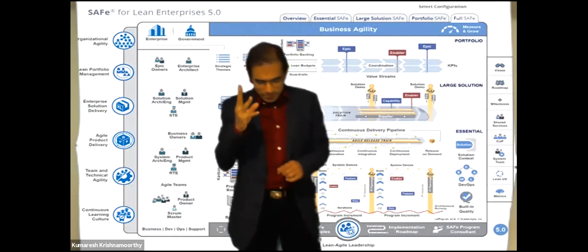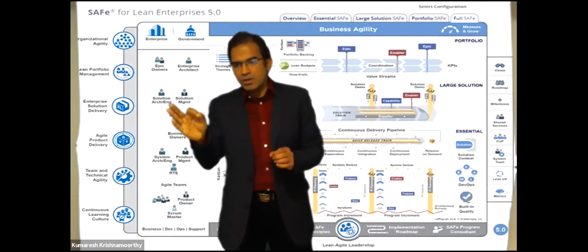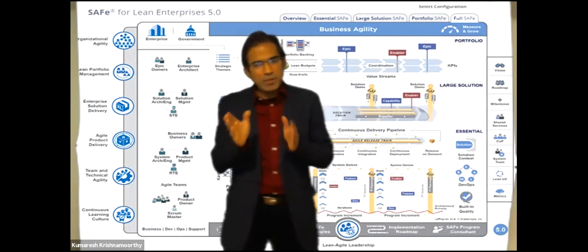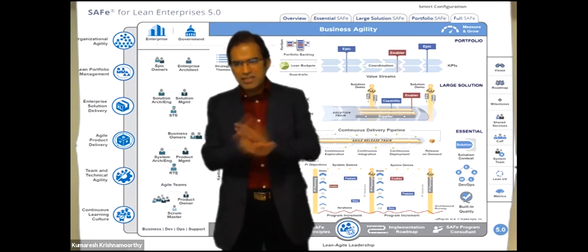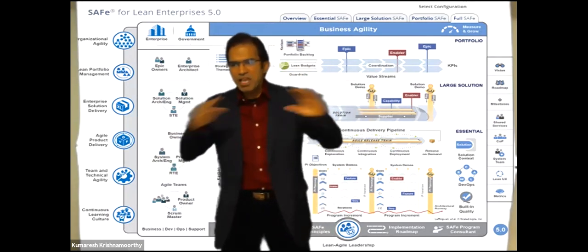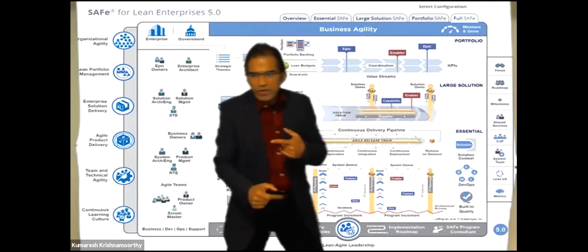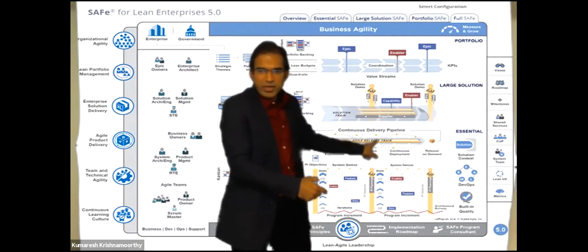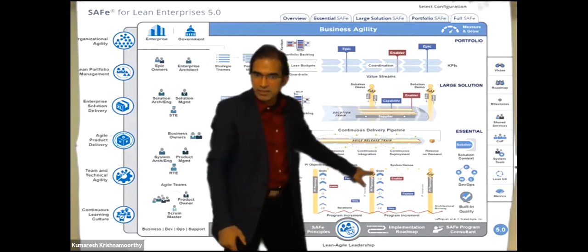The third input is education and training. Now think about this. How many people attend PI planning generally? In a company, if you say, let's have a PI planning event, how many people actually attend? Everyone, around 100 people, right? Because whoever is part of this agile release train should ideally be attending the PI planning event.